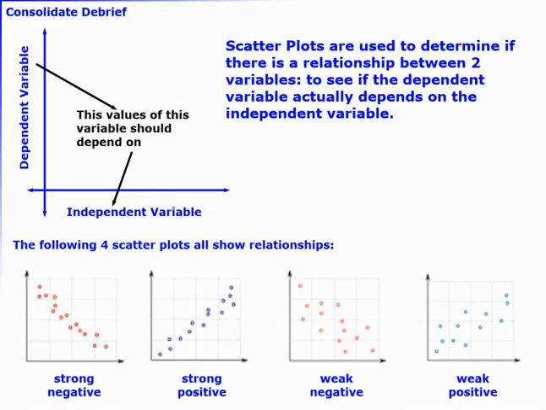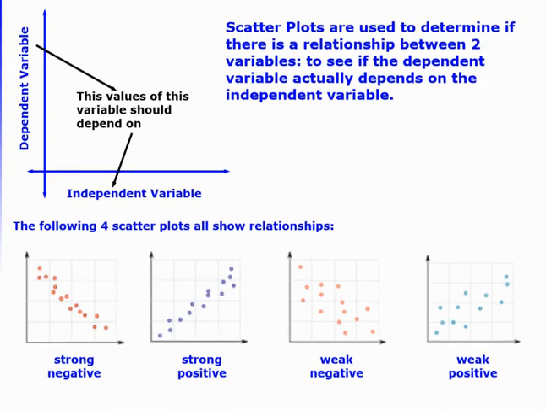And just to remember, scatter plots are used to determine if there's a relationship between two variables, to see if the dependent variable actually depends on the independent variable. So the values of this variable should depend on these values. So this depends on this.